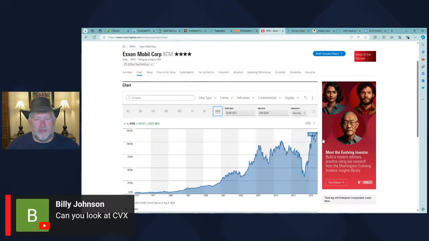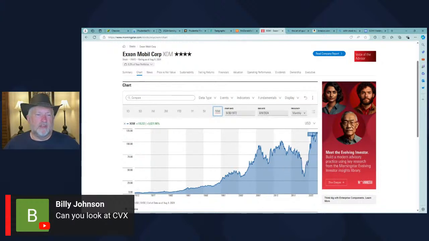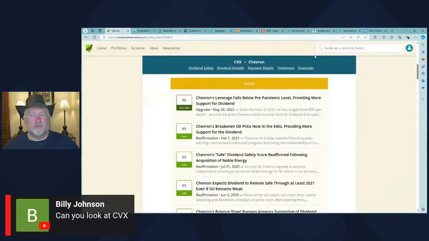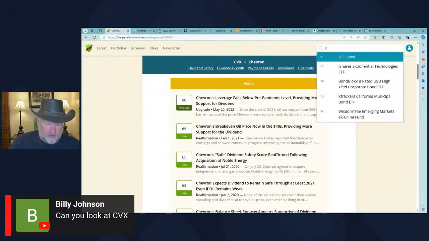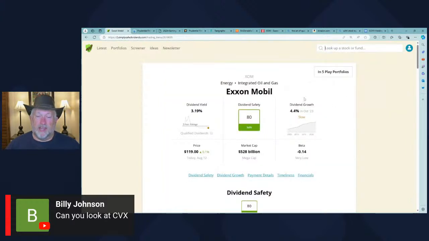But again, both of these are kind of at a peak. And so I think I'm staying away from these for the moment. And we'll just see what happens. Let's see what Exxon is over here, just for grins. It's an 80. Wow, that's pretty good. Dividend yield of 3.19. So let me see if there's anything else here.